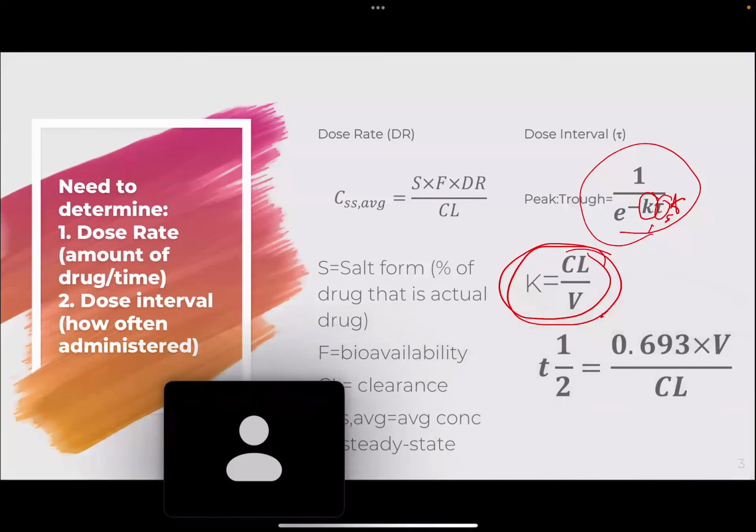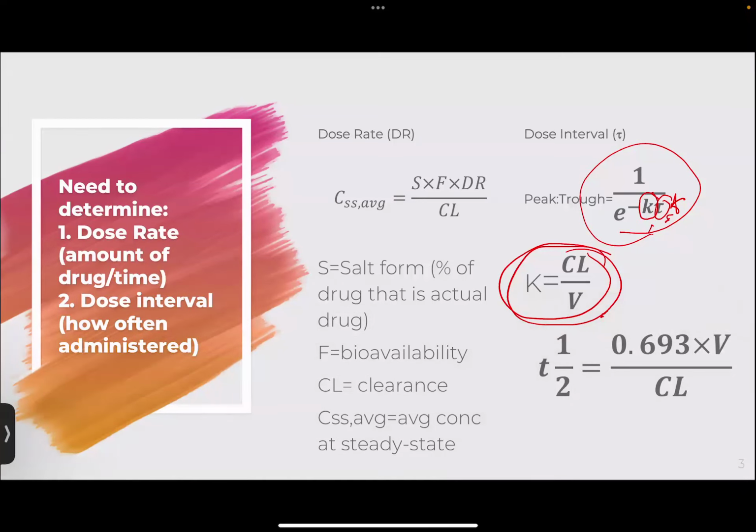And of course, K and half-life are just inverses of each other. So our half-life actually is a determinant here. And again, clearance and volume are the determinants of half-life and K, the slope of our line, right? Everybody clear on this? This all makes sense and is second nature to you now, right? Good.